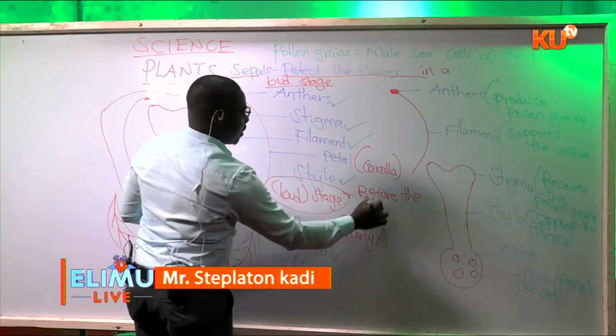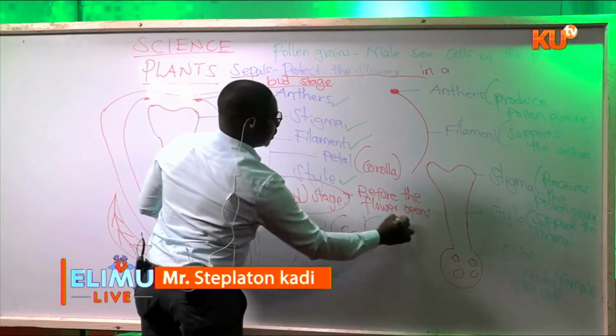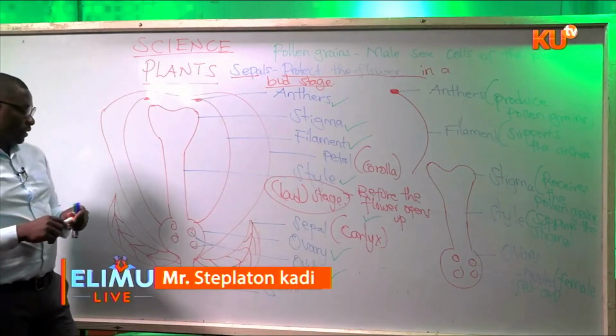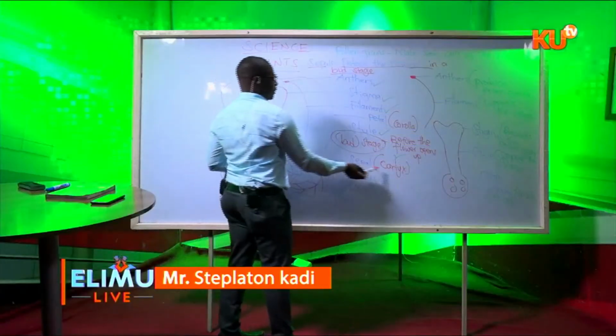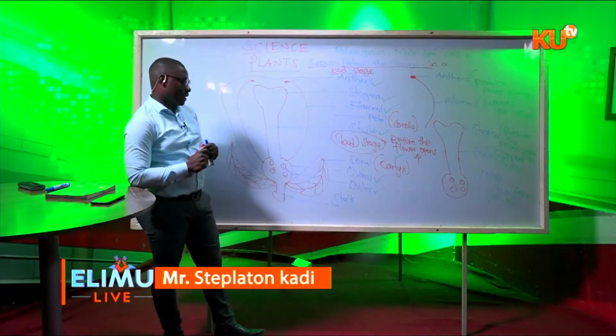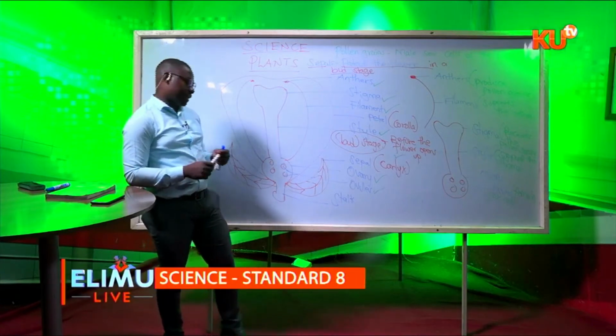So the sepals collectively are called calyx, and they are usually green in color. And the function is to protect the flower in a bud stage.